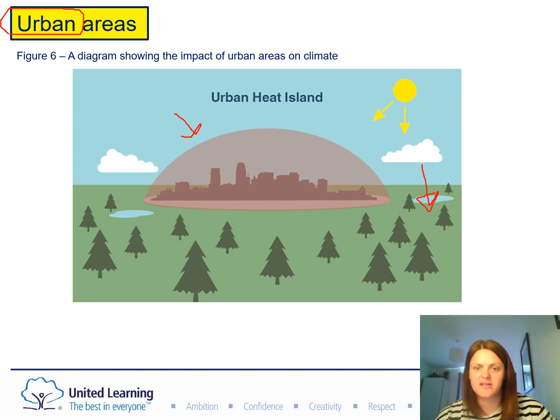So when the sun shines on these surfaces, it doesn't absorb the heat as much as it does on the concrete tarmac surfaces of the city. Therefore, cities, urban areas, are going to be hotter than rural countryside areas, even when they've had the same amount of sun for the same amount of time.